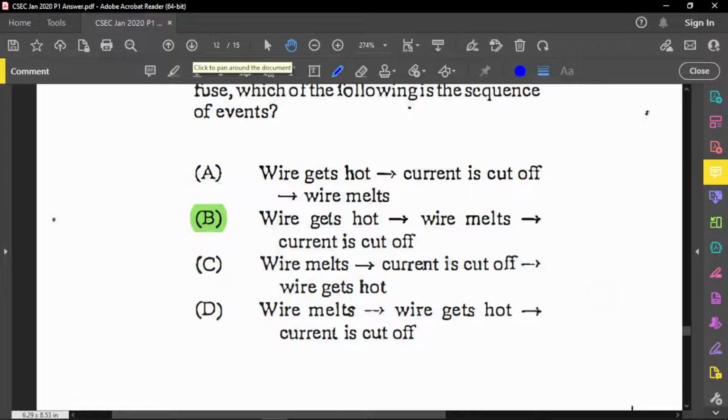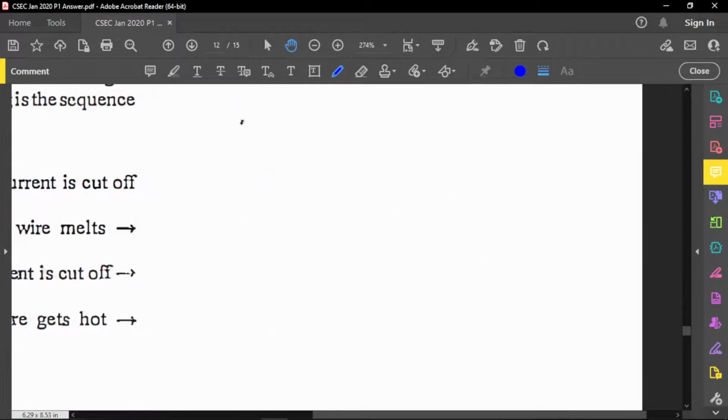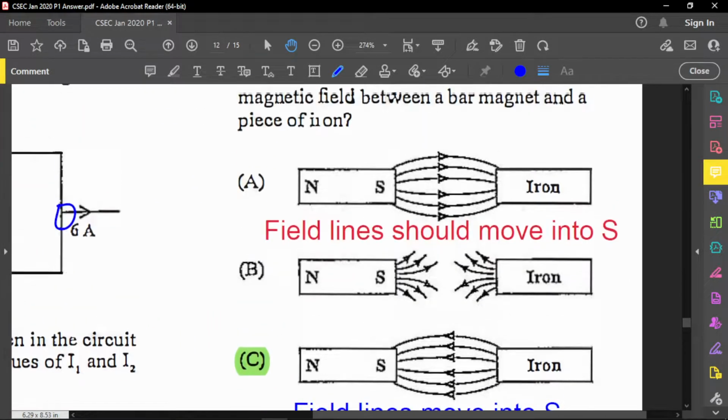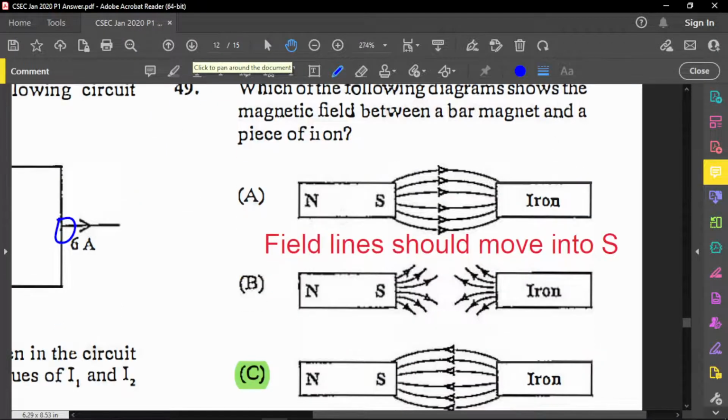All right, so next question now, 49. And 49 is on the top of the page. Yeah, 49 is on top up here. Which of the following diagrams shows the magnetic field between a bar magnet and a piece of iron? I make some notation right here.